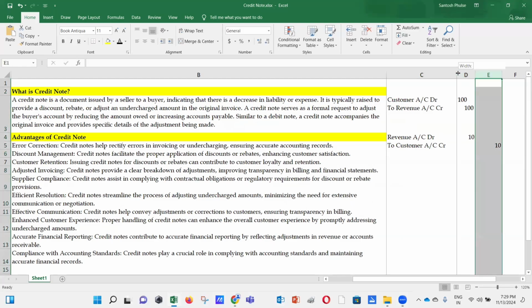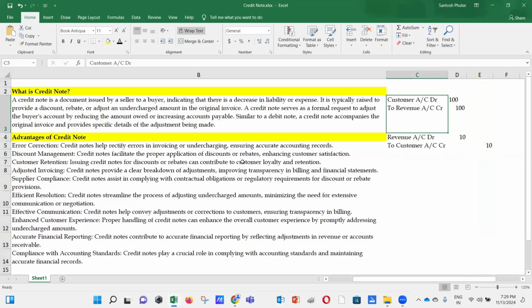So we are reducing the balance of that customer by the differential amount. Credit means we have to reduce that customer's balance and give the benefit to him.